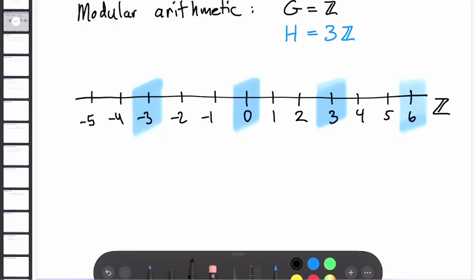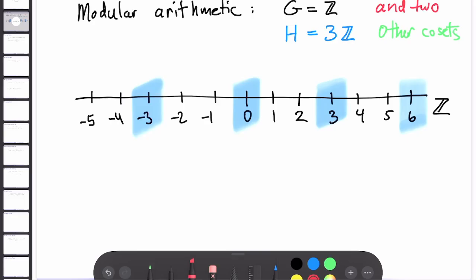So this is a subgroup, and in particular, being a subgroup, it is a coset. It's the special coset that contains the identity element. But there are also 2 other cosets, which I think I'll label in red and green.